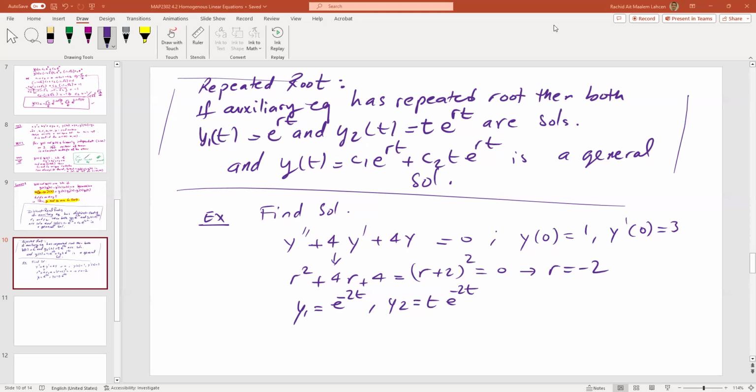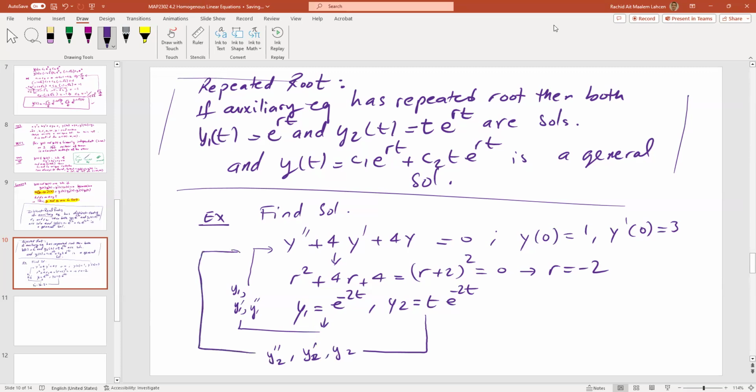All right, so you can try this as a check, of course, using y sub 1 and its first derivative and second derivative, right? Then you can do the same thing here. You can find the first derivative and the second one and use them here.